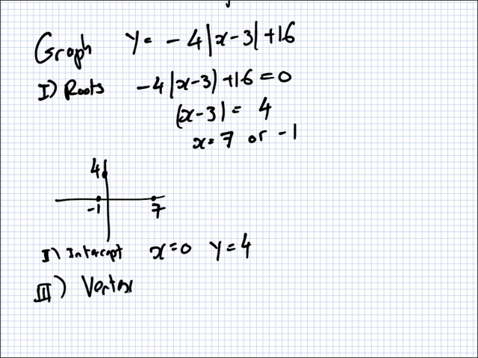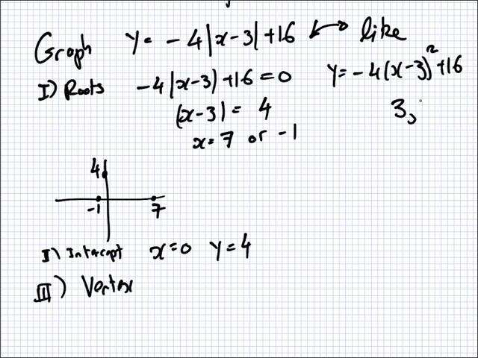Now, I'll give you a little hint. Can you see how this is like y equals minus 4 x minus 3 squared plus 16? It's nearly like this, it's not quite. Where's the vertex here? It's at 3, 16.